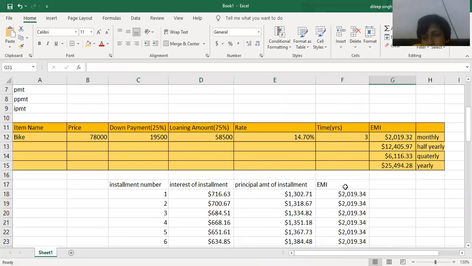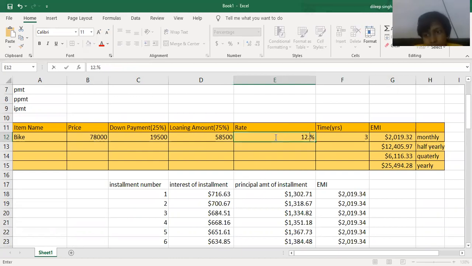Understood? So it depends on the number of installments based on the time and the rate. So when we change the rate, time, and price, all the calculation will automatically change. Okay, that is the dependent cell values function. So this value depends on the price, and we can directly enter the rate, whatever the rate.